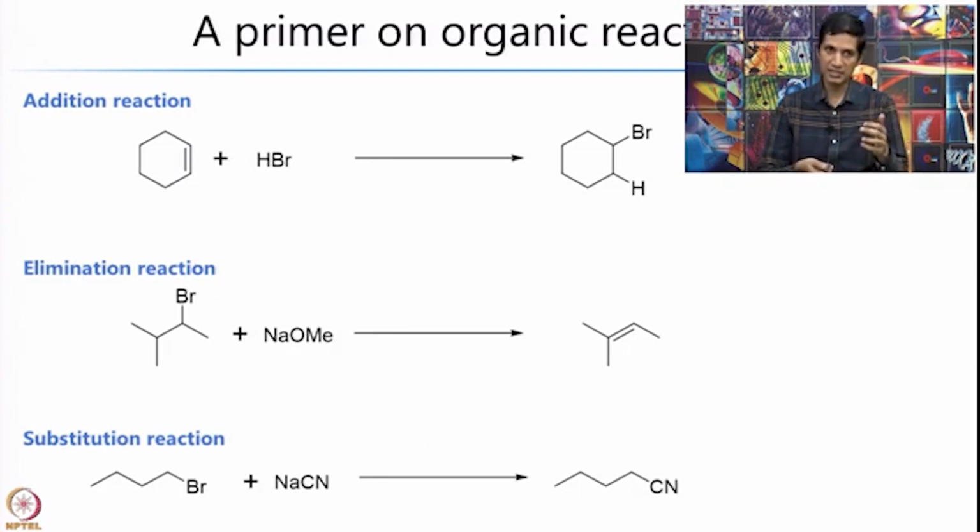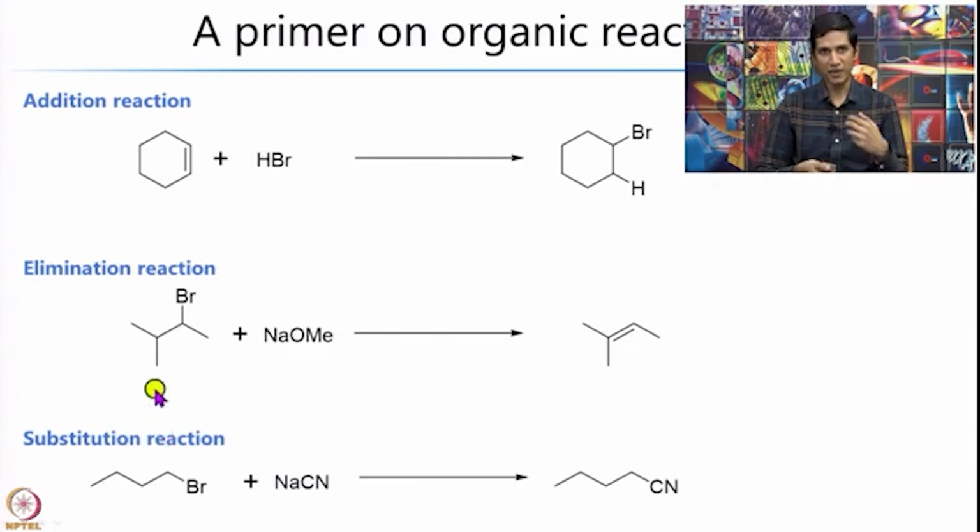I hope you recognize that these classifications are based on simple ways in which the reaction takes place. That is, a reagent is added across an unsaturated double bond like this, or one part of a molecule is eliminated, which is why we call it an elimination reaction. And in a substitution reaction, we see that one of the groups is being substituted by another group.